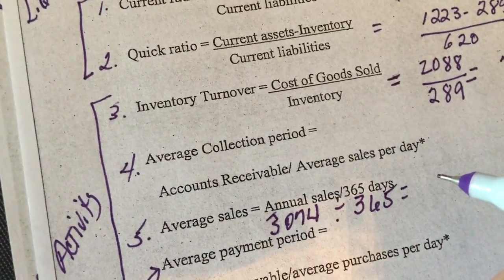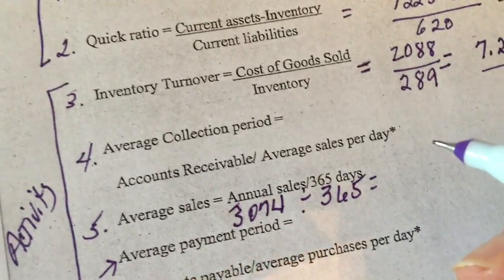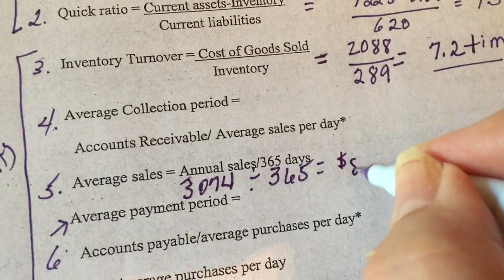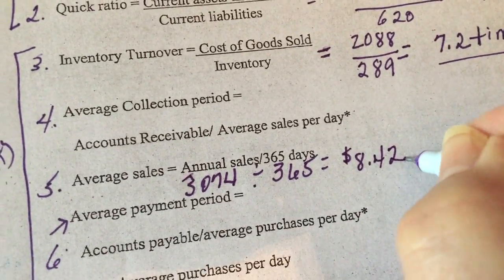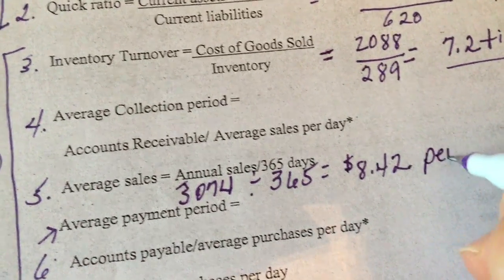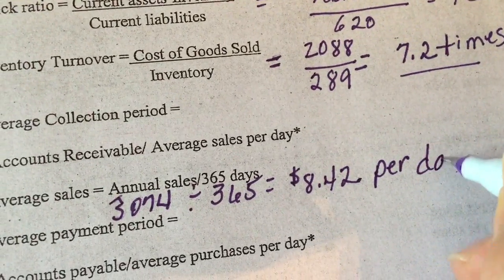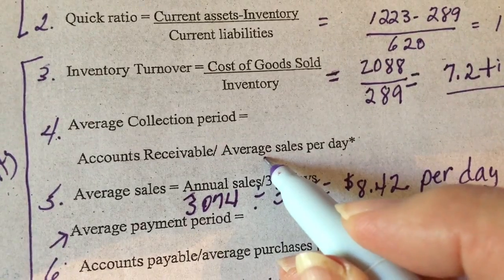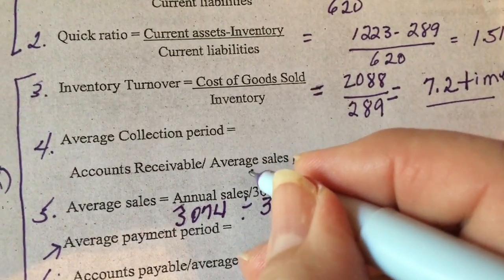When you calculate that number, you're going to come up with $8.42 per day. So we're selling $8.42 of merchandise per day. Now this ratio is used in the one before that we're actually trying to calculate.